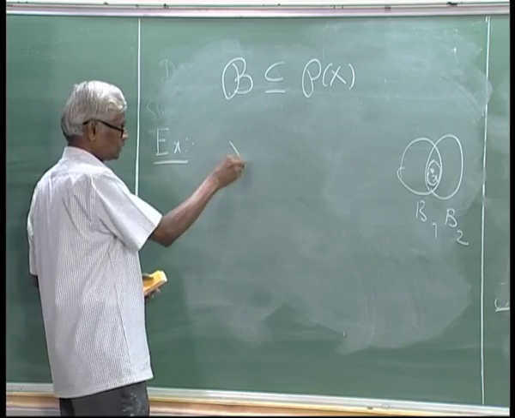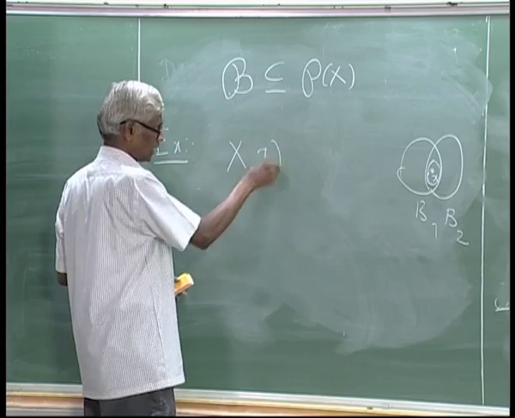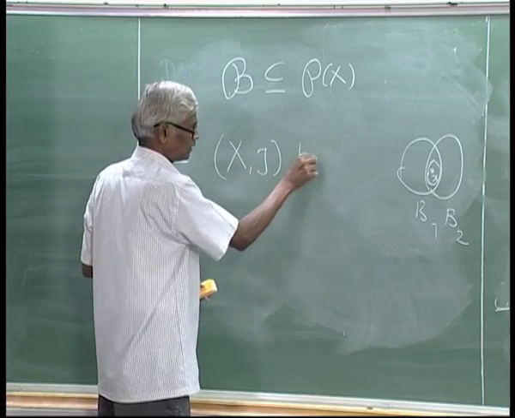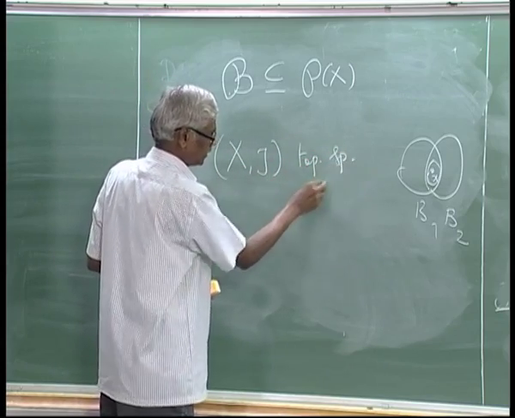Now, suppose given is X, tau, a topological space.